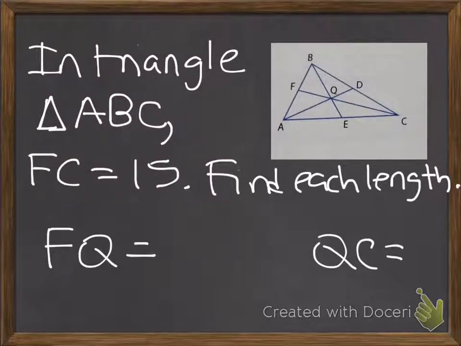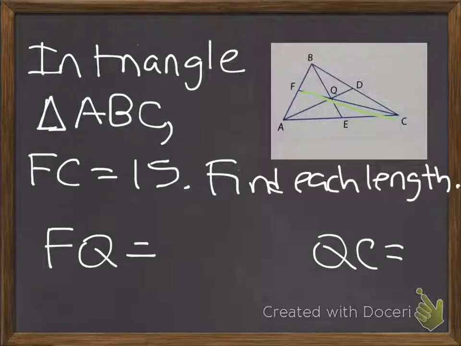So it says you have triangle ABC, which is the large triangle. It gives us FC, which is 15, all the way down there. And notice that FQ is the smaller part of that line, so that's going to be the 1/3. And then 2/3 of the line is going to be QC, the larger part of the total FC.